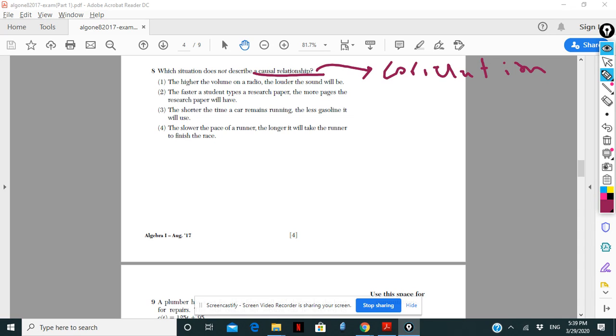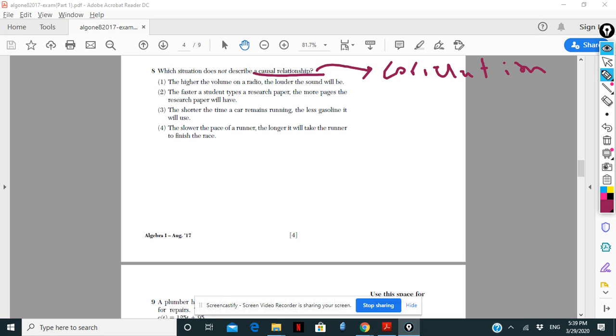So he says the higher the volume on radio, the louder the sound. It's obviously when I turn up the volume, it's going to be more loud. So really, there is a correlation between these two events.